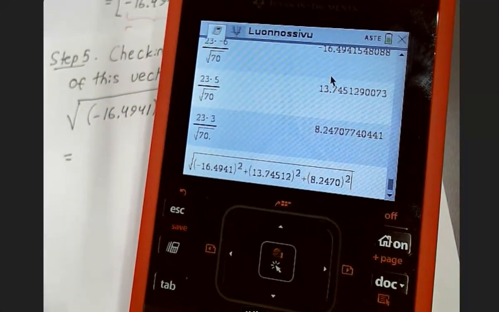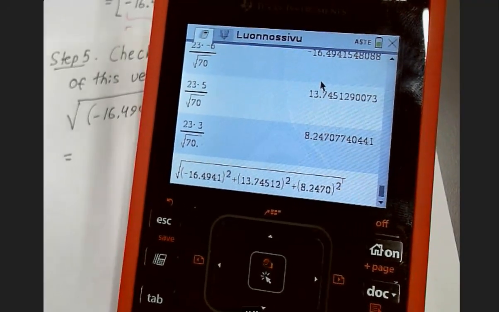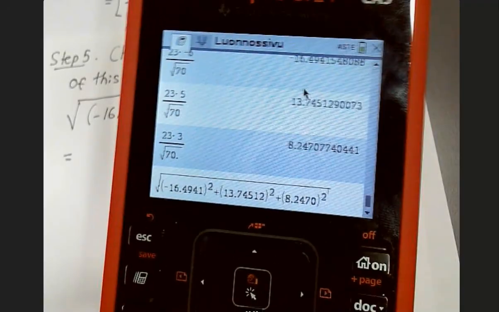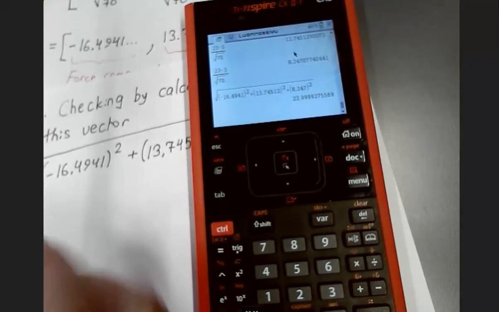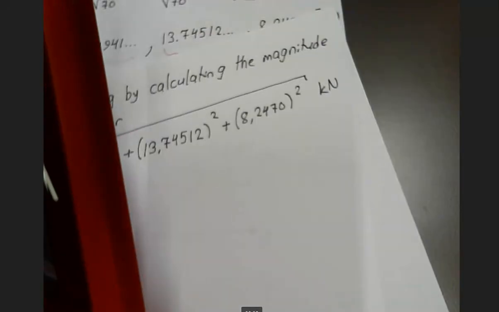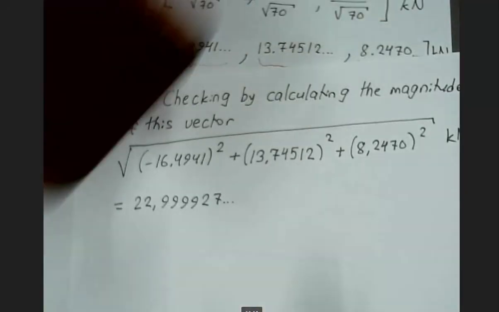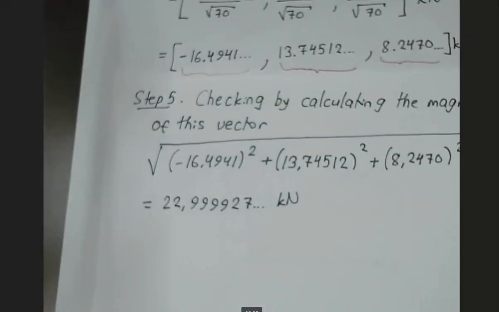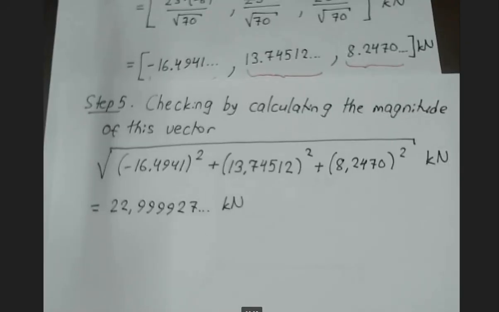As you see on the screen, those exact values are still there, but I have used only the first decimals, and if I check this, I will get this kind of value: 22 point, how many nines there are, 4 nines, 27, etc. kilonewtons.